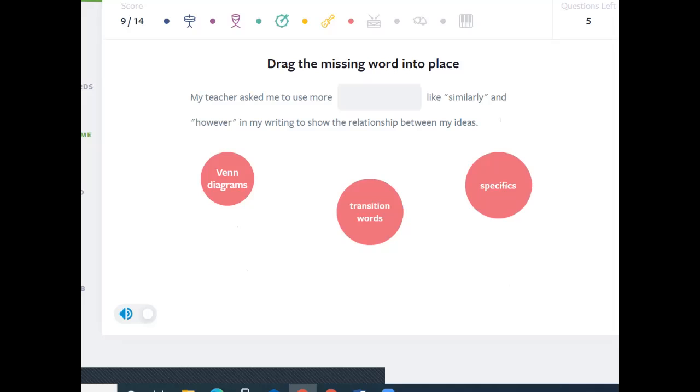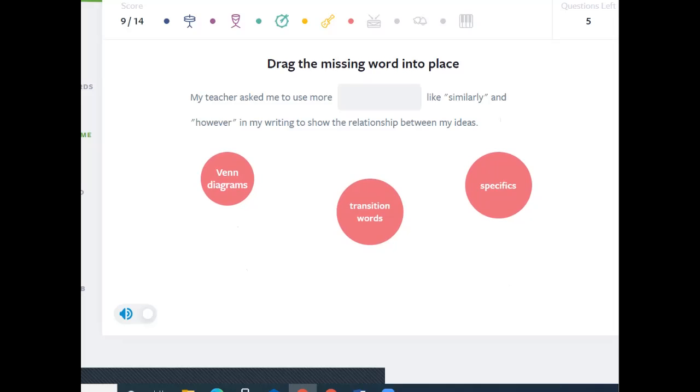We just saw that Venn diagrams were two circles. I didn't see any words, so you wouldn't write words like similarly or however. My teacher asked me to use more specifics? That doesn't fit either.